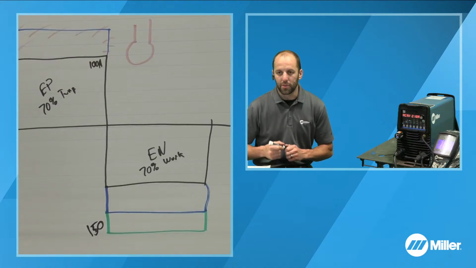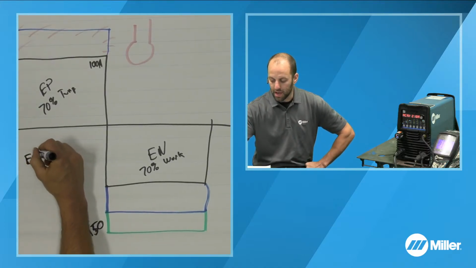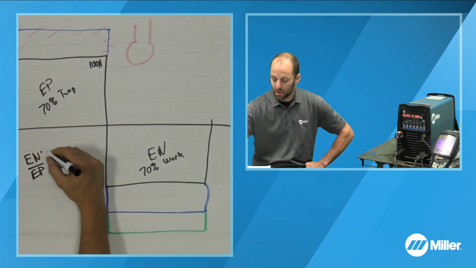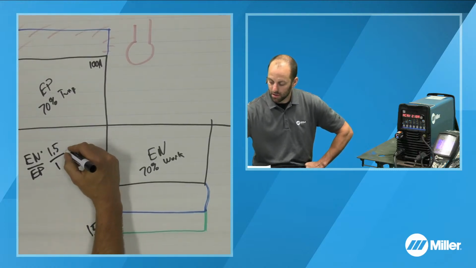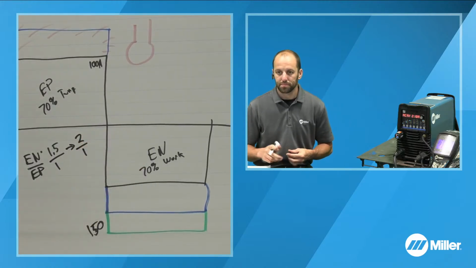And the rule of thumb that we generally recommend is your EN to EP ratio is going to be about 1.5 to 1, or up to a 2 to 1 ratio.